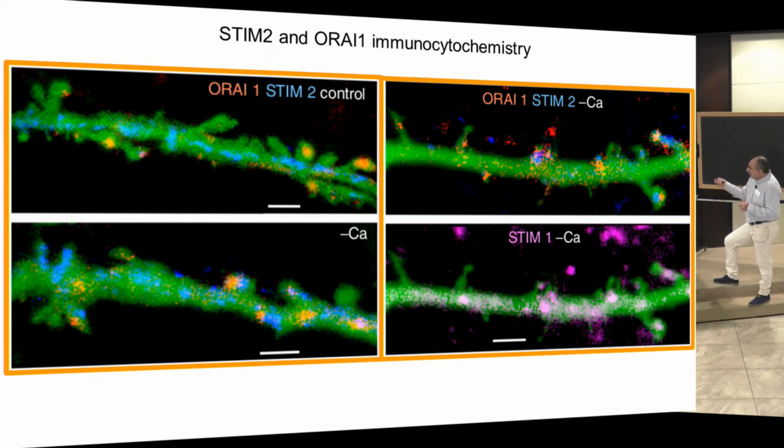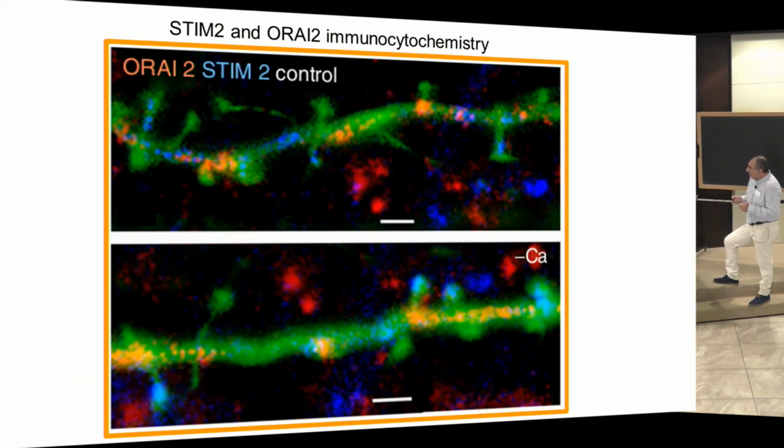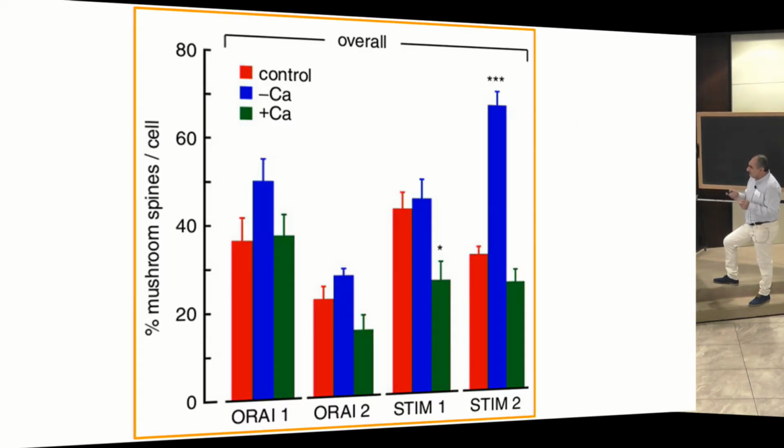And for STIM1 it happens less. Also, if we check ORI2, it doesn't seem to undergo the same rule, and it mainly stays on the shaft, in the dendrite. So if we want to summarize, I mean, believe me, we have thousands of these pictures.